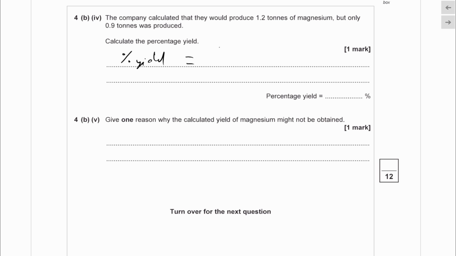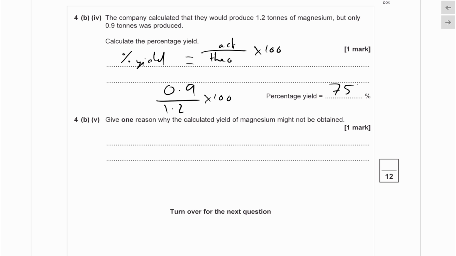Percentage yield is equal to the actual amount divided by theoretical amount times by 100, right? So the actual amount was 0.9 divided by the theoretical amount, which is 1.2, times by 100. That is going to give you a total of 75%. And that is it for 1 mark.